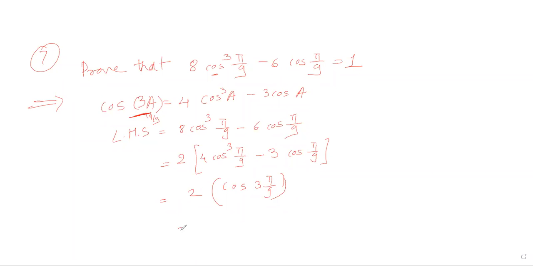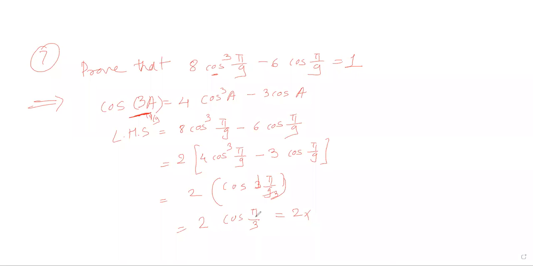So now 2 as it is. 3 ones are 3, 3 threes are 9, so cos pi by 3. We know cos pi by 3.